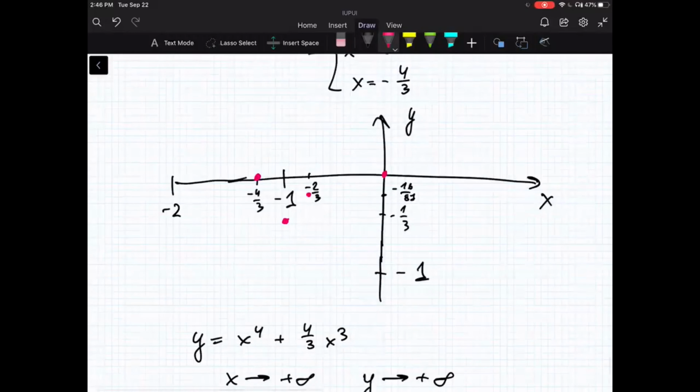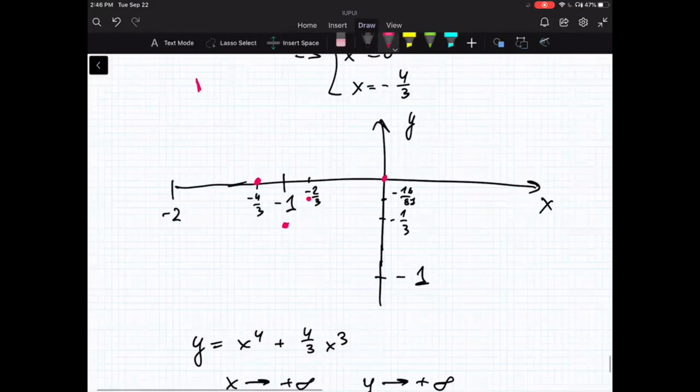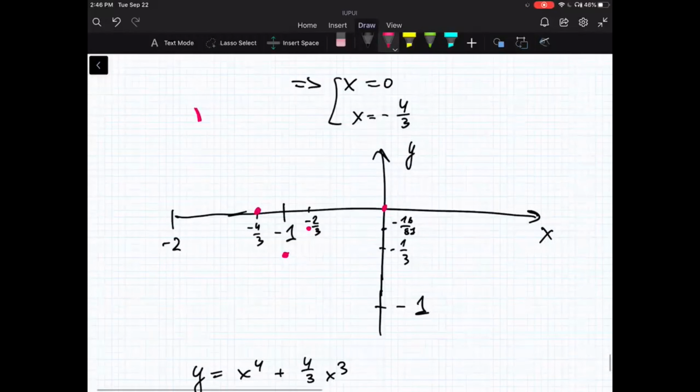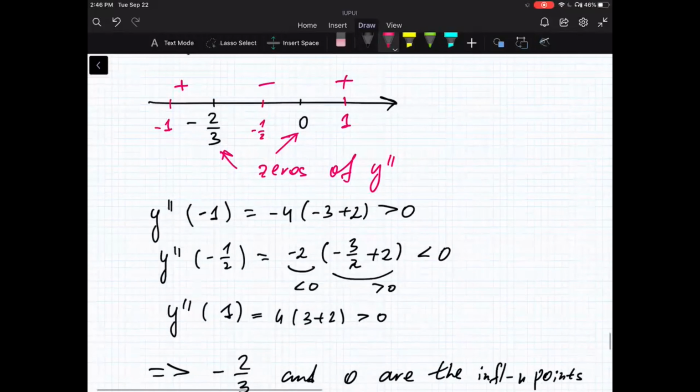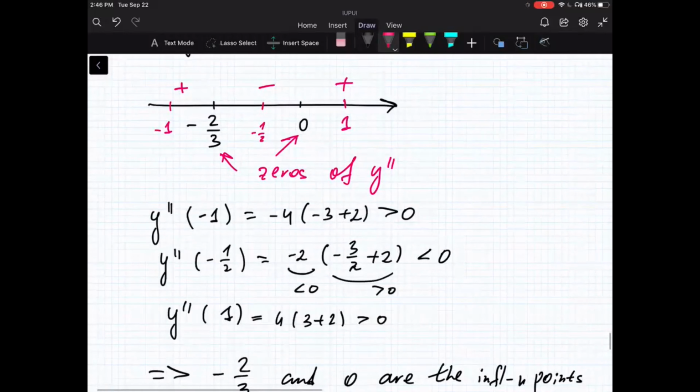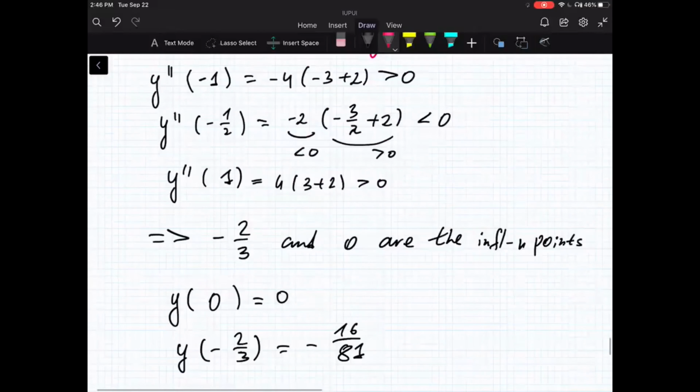So somewhere here my function will go to plus infinity, and here it will go to plus infinity as well. And from minus infinity to -1, it is decreasing. Also I know that my function is concave up until -2/3.